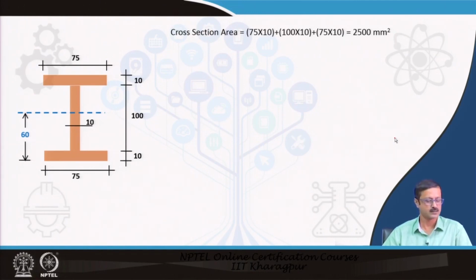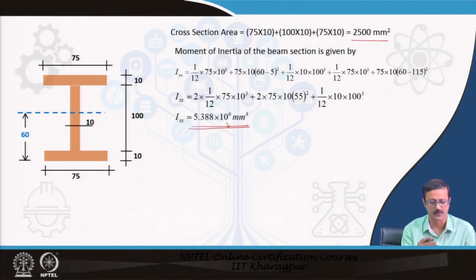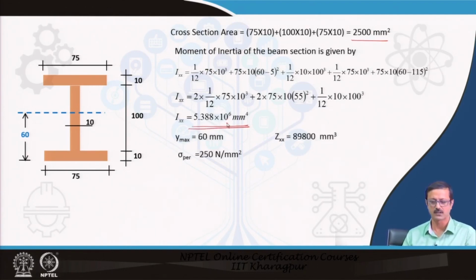Now we can take a particular I section with this area of cross section and this Ixx. This is a symmetrical I section. The CG distance is 60 millimeter above, so the y max is 60, and suppose sigma permissible is 250.